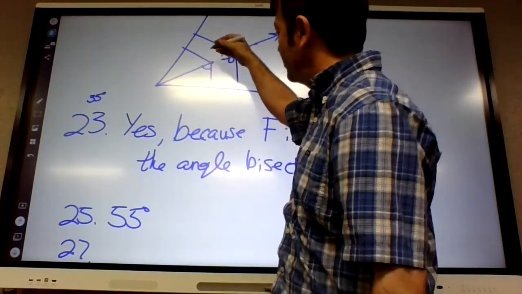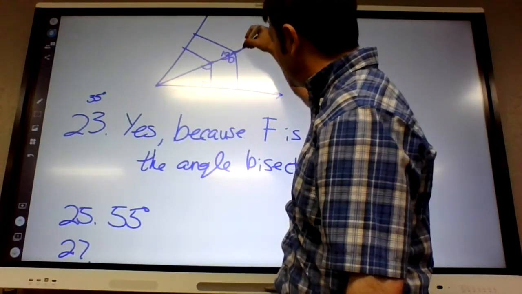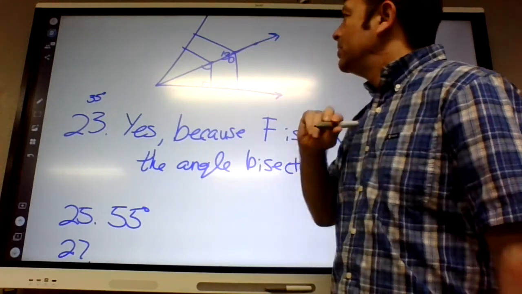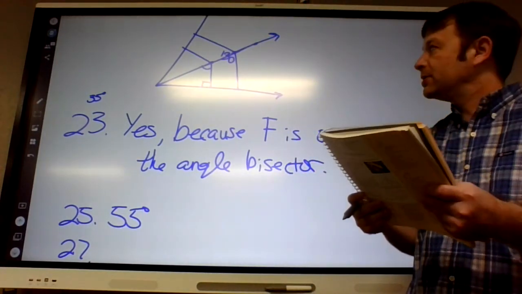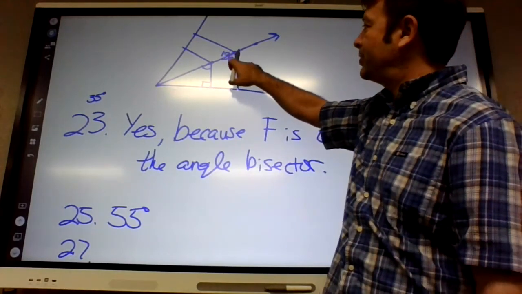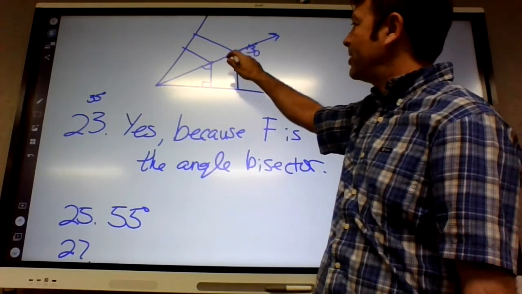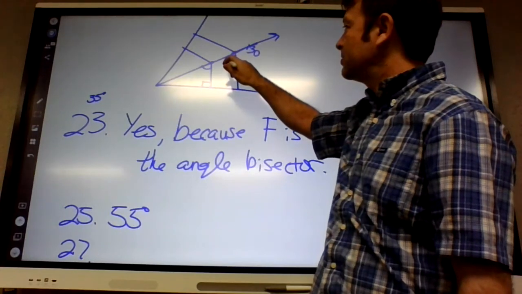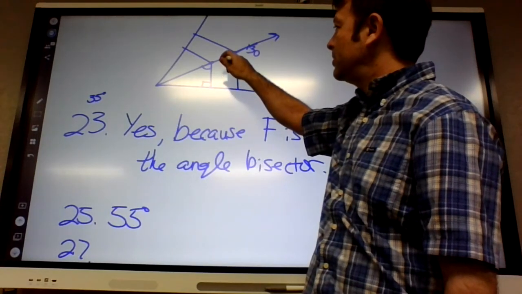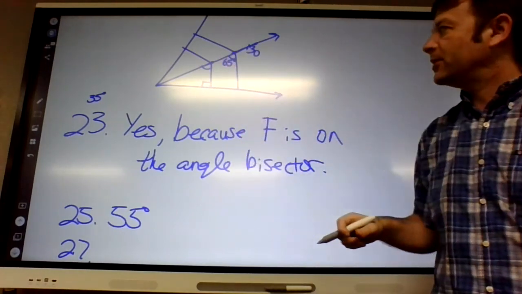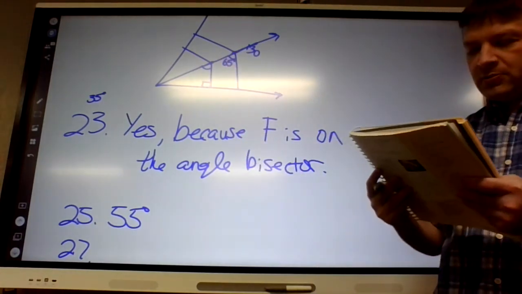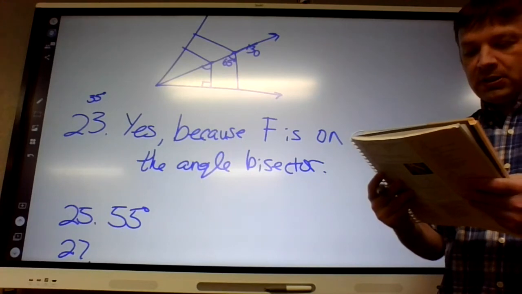Even though they didn't draw it, I can go ahead and draw the angle bisector through there. If this whole thing is 130, then what can I say about this angle right here? 130 divided by 2, 65.